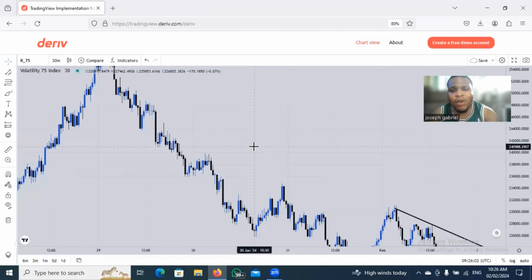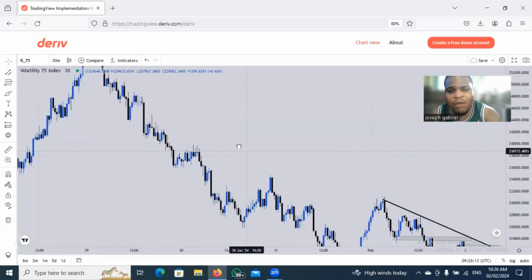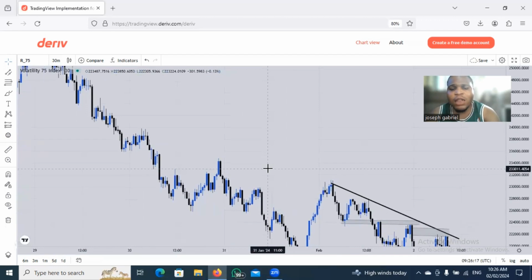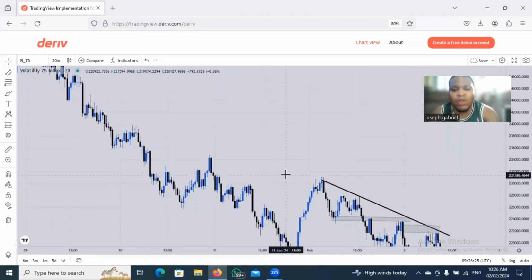I'm giving you a very helpful tip. If you are looking for a sell on the higher time frame and you go to a lower time frame and you are seeing a buy, guys, wait for that time frame to confirm, because definitely the lower time frame must respect the higher time frame. Yes, it will most definitely.